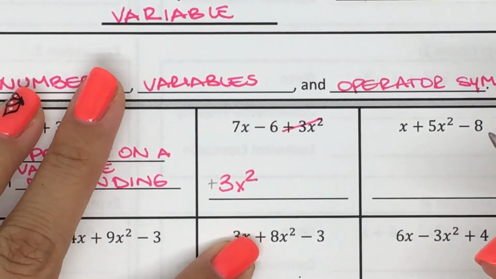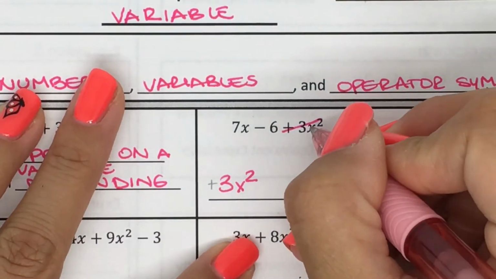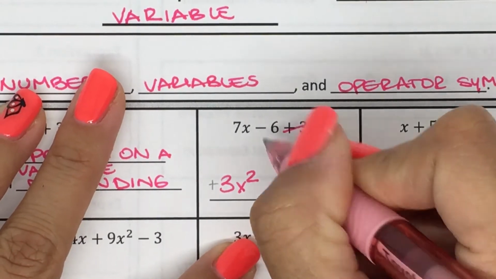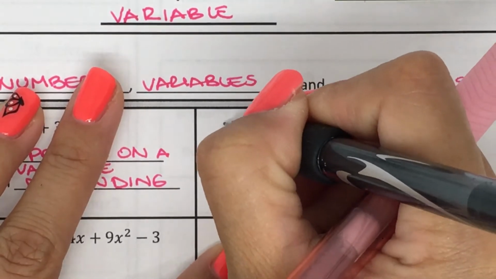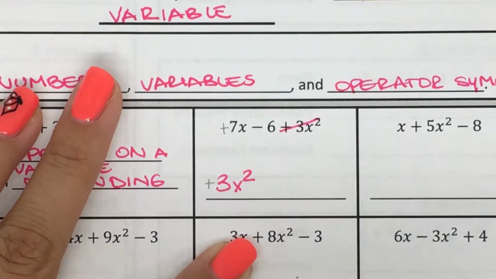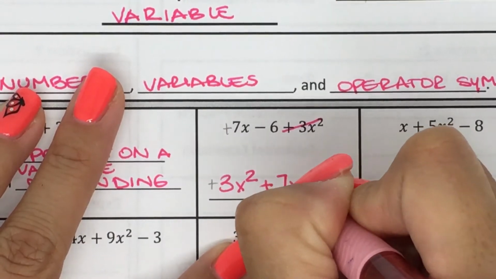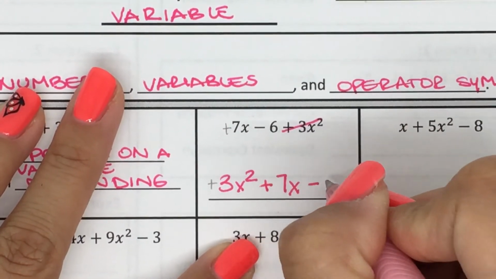Who's next? Remember, we need to get rid of the x first. So we got rid of that x. The next x that you see is right here. So 7x, invisible math, there's a plus in front of it. So plus 7x, and your constant will be -6.